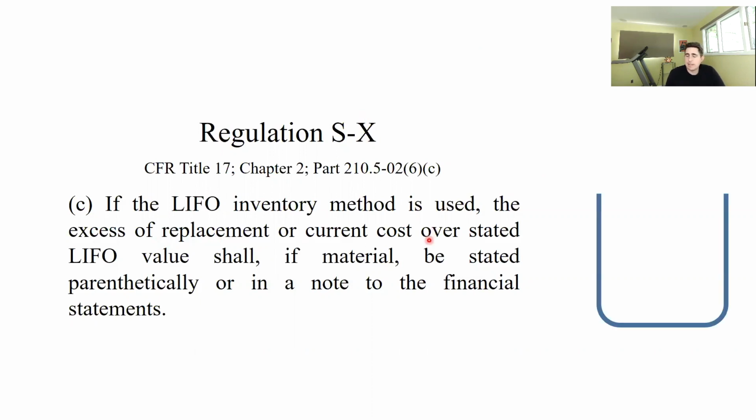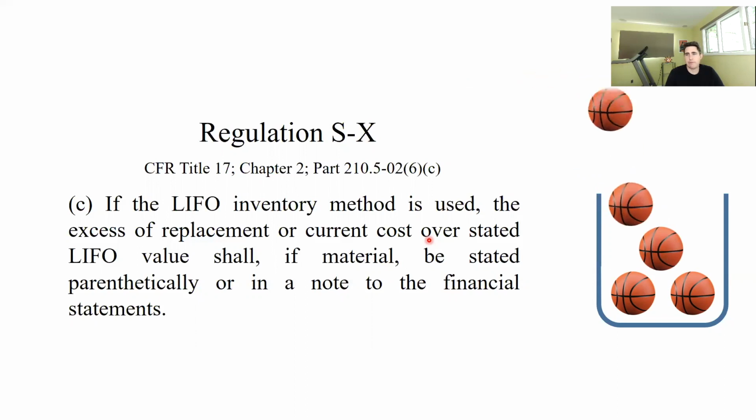So let's have an inventory bucket here, and we're going to be selling basketballs. So we buy some basketballs to sell. We buy 1, 2, 3, 4, and 5 basketballs. So here's our inventory, and we bought these basketballs over time. So the cost to us, the basketball selling company, is probably increasing over time because of inflation.